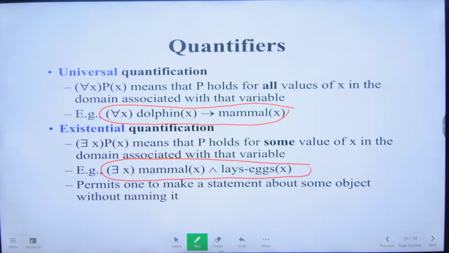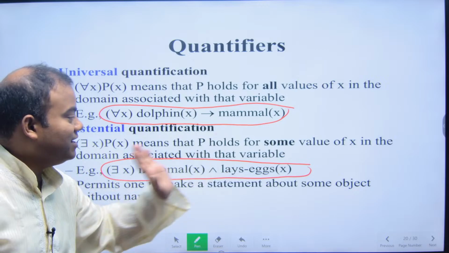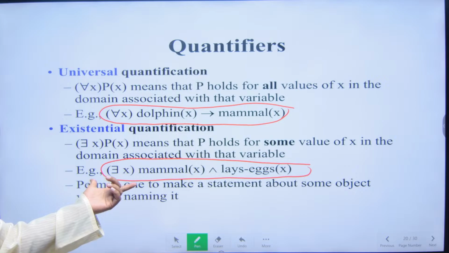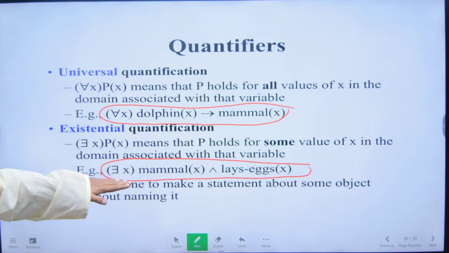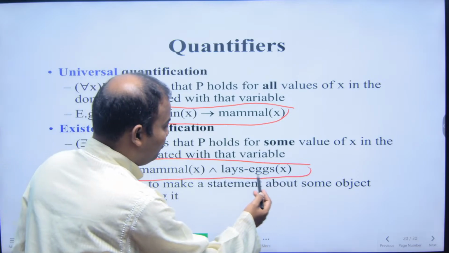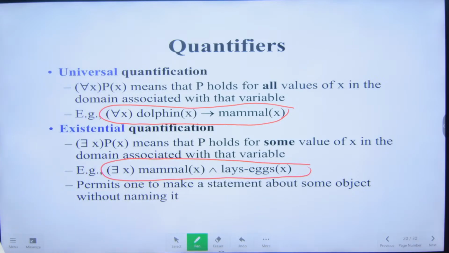There exists some mammal who lays eggs. Is it clear? It is not that whatever is written here, the meaning of this is there exists at least one mammal who lays eggs. Is it clear? Any doubt?